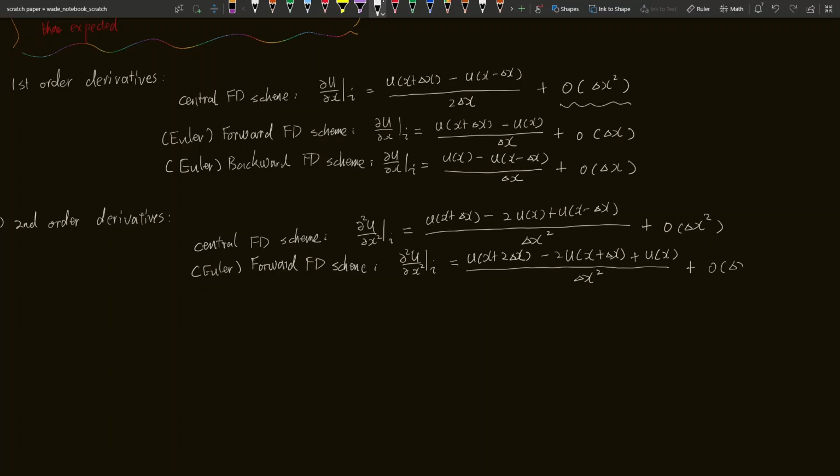And for the Euler backward scheme, we have u(x) minus 2 u(x minus delta x) plus u(x minus 2 delta x) over delta x squared plus the error term.